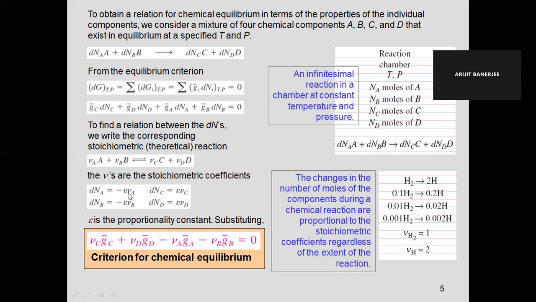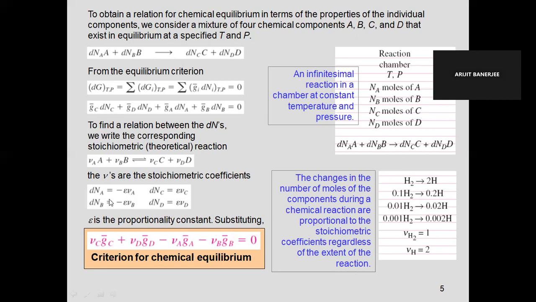That means at the equilibrium composition, it was already established. Then we are considering a small reaction to re-establish the chemical equilibrium.